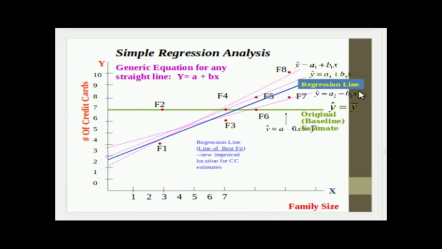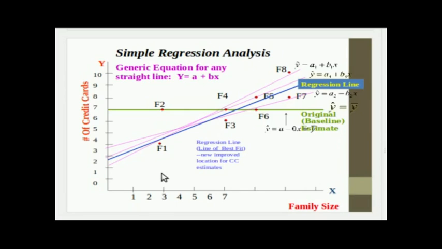The regression line, that is the dark blue line, is the best fitting line through the observed data points that intercepts the y-axis. The slope of the regression line shows how much y changes for a unit change in x.